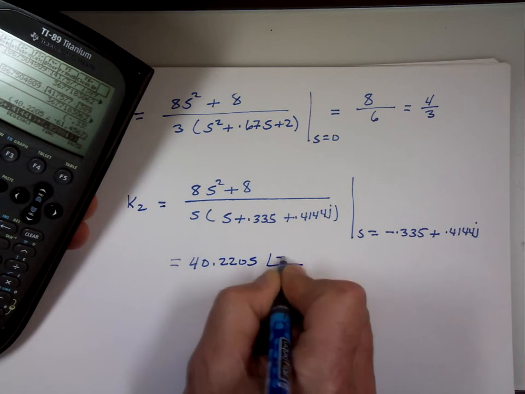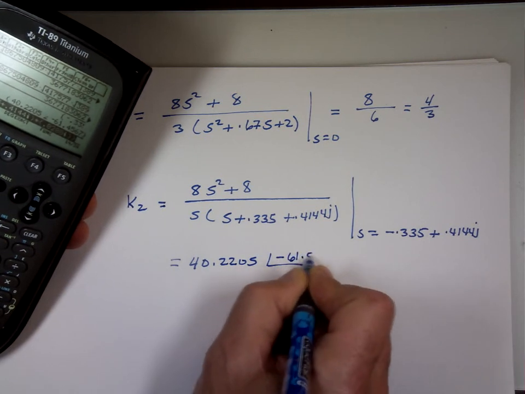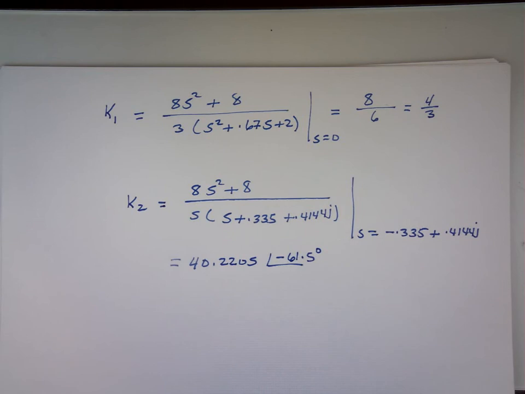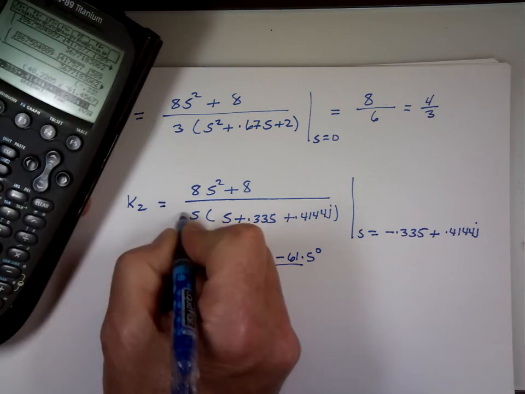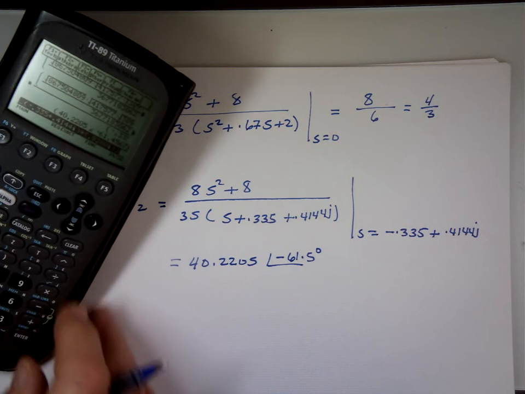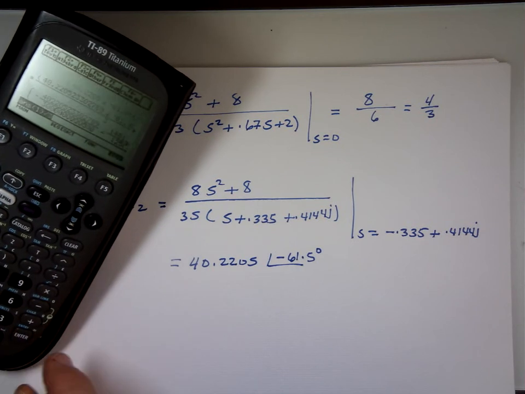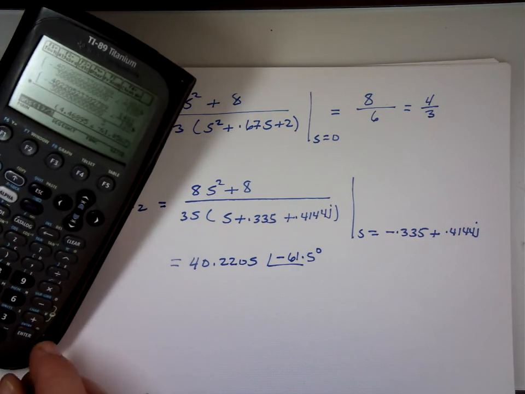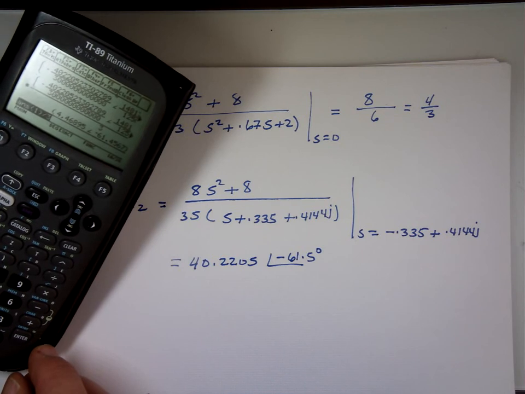Were you missing that 3 in the denominator? Yes. So divided by 3. How can 40 divided by 3 end up being 3?